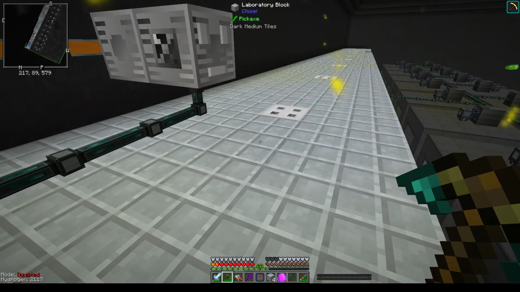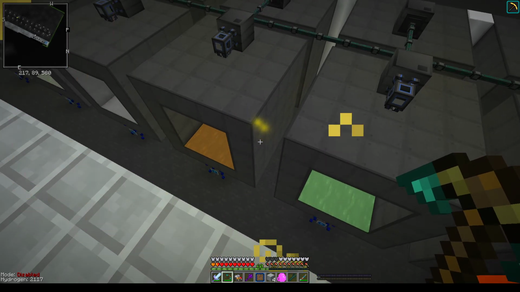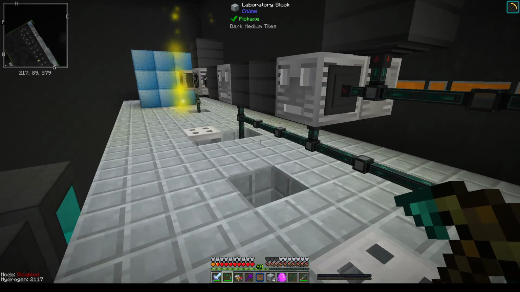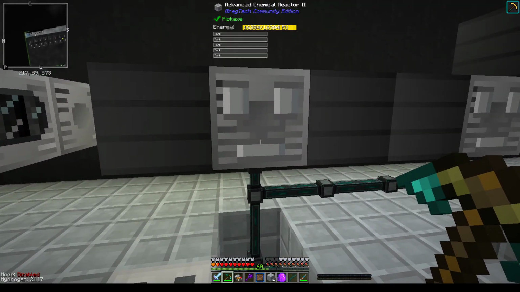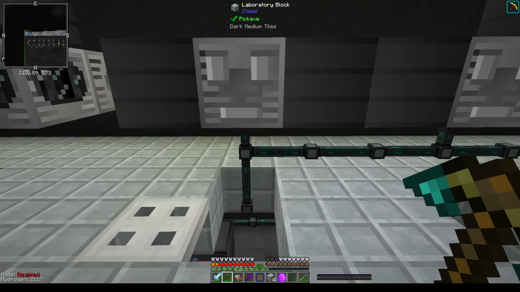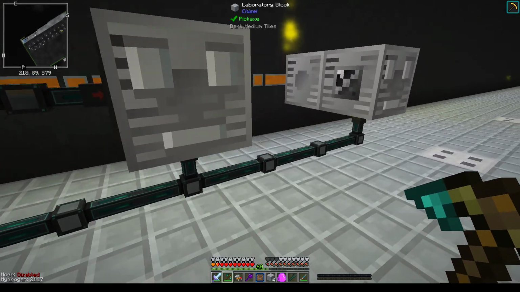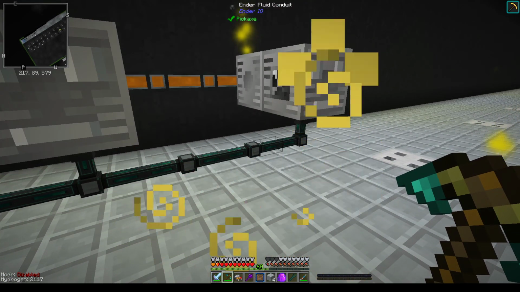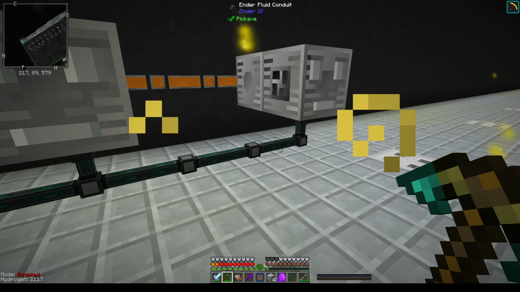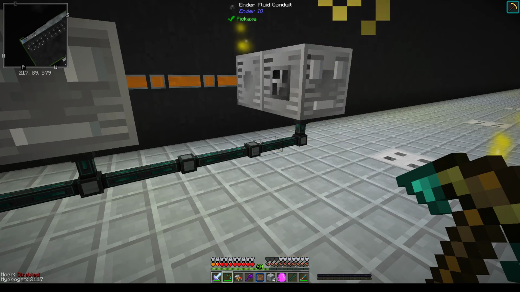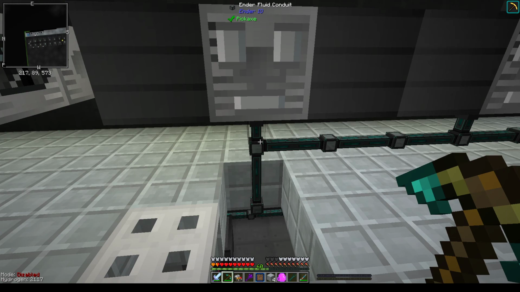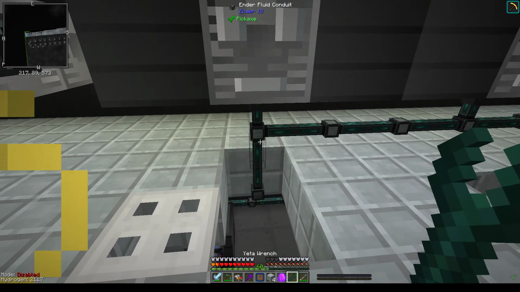Now, one thing we may want to consider, and this is something I did not consider until just now, is that instead of going into the system, we may want this to be direct so that it stops when it's full. This is another one of those items that we don't want constantly, now that I think about it.